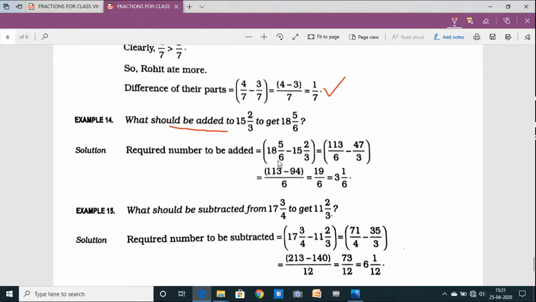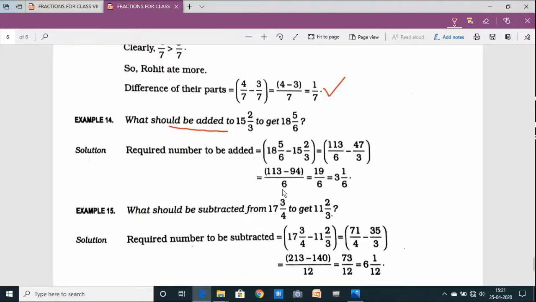These are mixed fractions. When mixed fractions are changed into improper fractions, it becomes 113 by 6 minus 47 by 3. Take the LCM of 6 and 3.